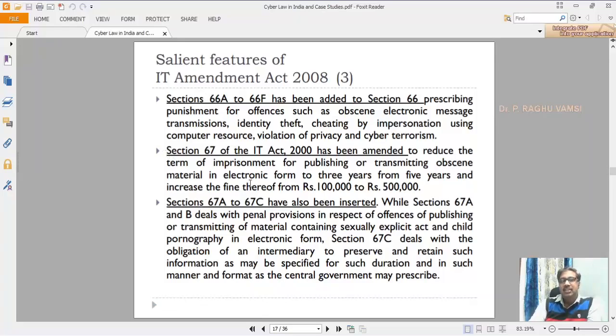Next is section 67 of IT Act 2000 has been amended to increase the term of imprisonment for punishment for publishing or transmitting obscene material. That is from 3 years to 5 years, and increasing the fine from 1 lakh to 5 lakhs. Section 67A to 67C has been inserted.